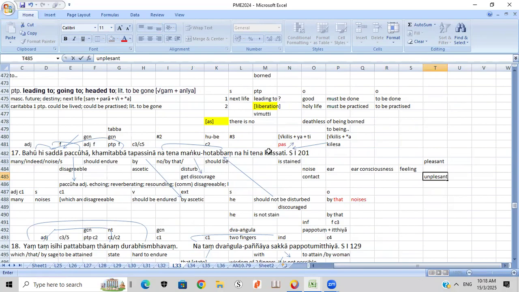Kilesa will arise. That means the mind, the kilesa, will arise. That means the mind is already tainted.